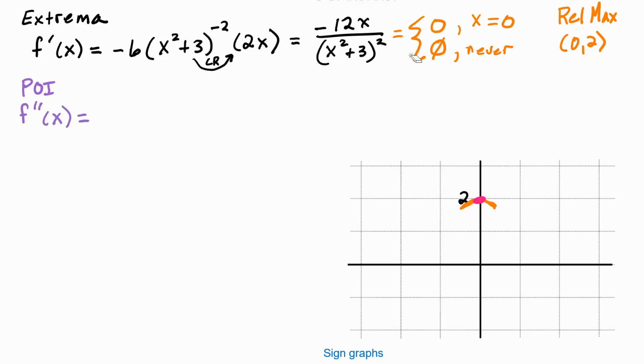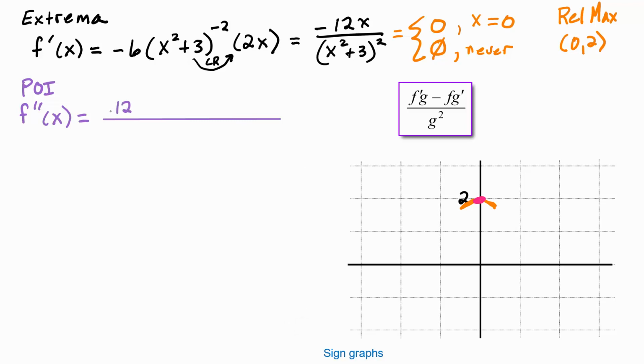We're going to have to take our first derivative and use the quotient rule. So the derivative of the top is negative 12, and we have to take that times the denominator, x squared plus 3 squared.